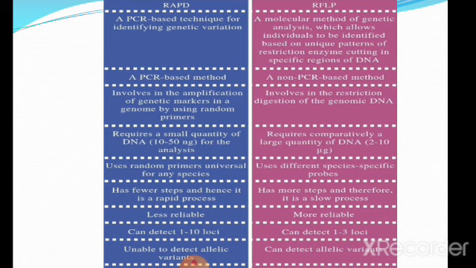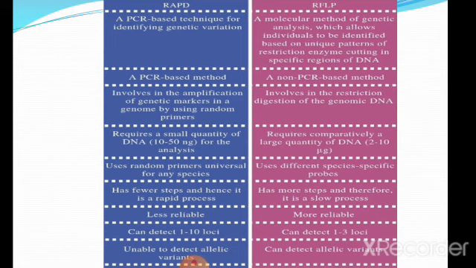For RAPD, a small quantity of DNA, 10 to 50 nanogram, is enough for the analysis. On the other hand, RFLP requires comparatively large quantities of DNA, 2 to 10 micrograms. Here it is nanogram, here it is micrograms. Then RAPD uses random primers universal for any species as they are readily available commercially, whereas RFLP uses different species specific probes.